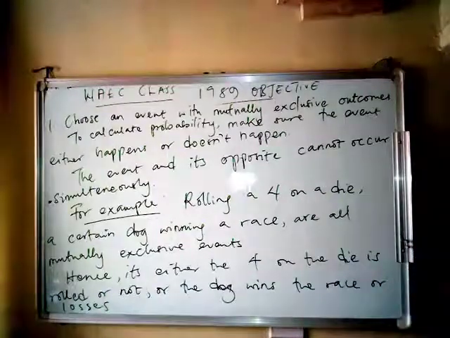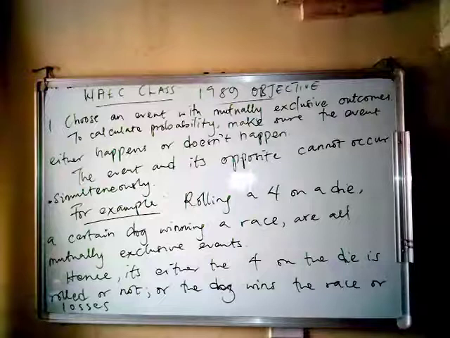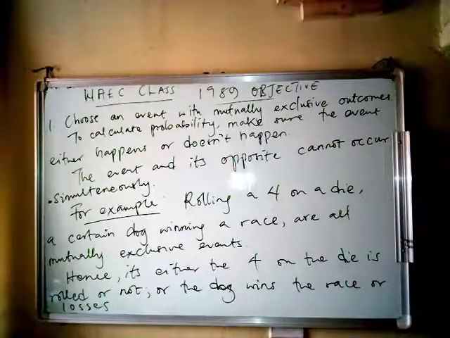But let's break it down. The first way to calculate probability, like we said, is to choose a mutually exclusive outcome. Now, to calculate probability, you have to make sure that either the event is happening or it's not happening. So you cannot have the event and the opposite of the event happening at the same time. Of course, we have looked at certain examples.